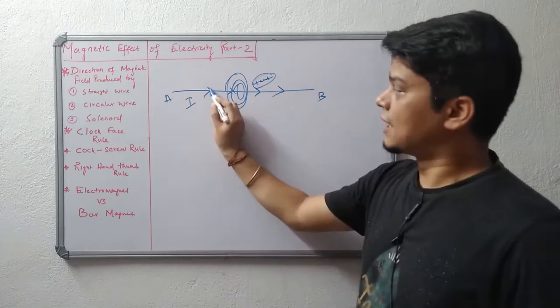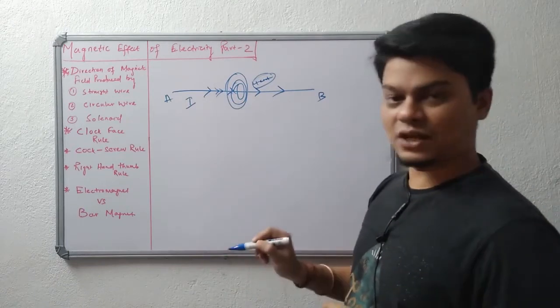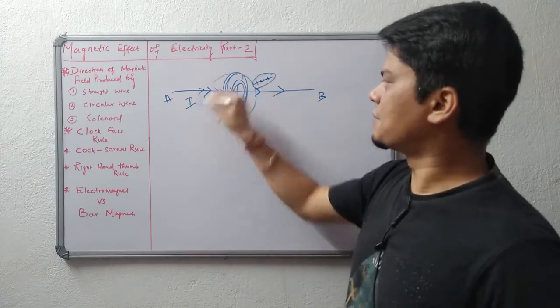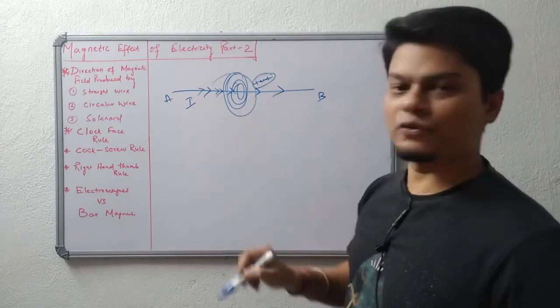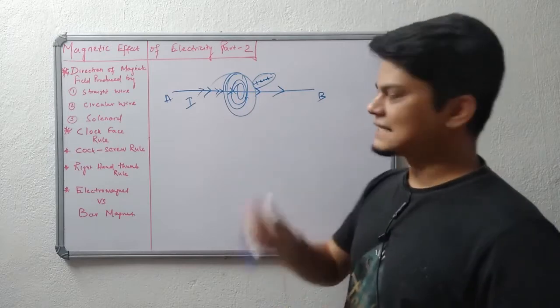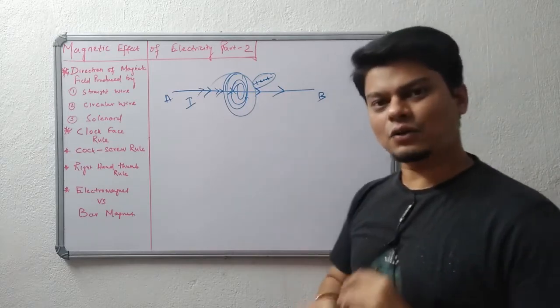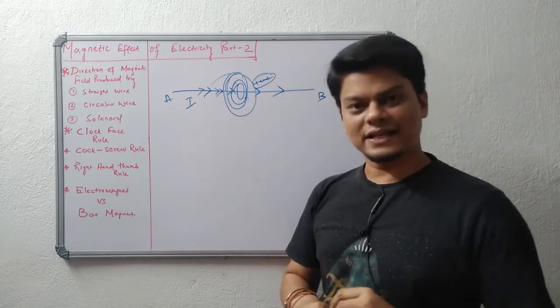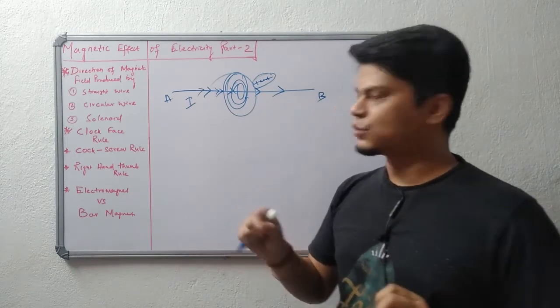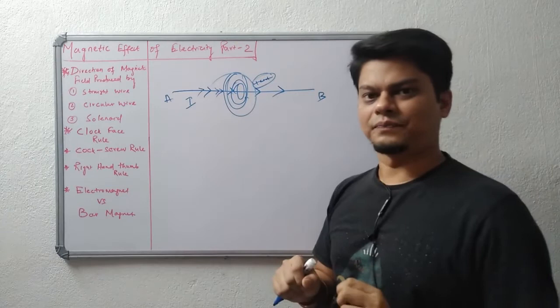Similarly, when there is a current flowing across it, it behaves like a magnet, or we can say an electromagnet. So what is an electromagnet then? An electromagnet is the magnetism produced by the conductor or the substance due to the current flowing across it.